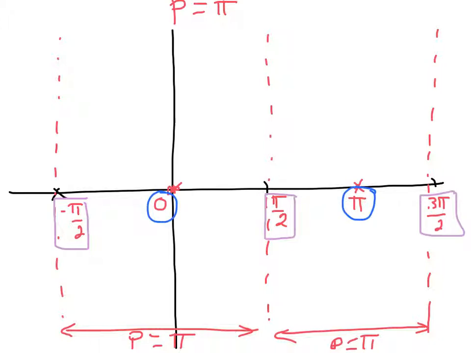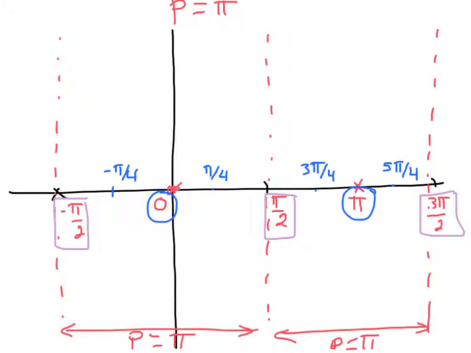Next, I want you to label the midpoints. The midpoint here will be negative pi over 4, here will be pi over 4, over here will be 3 pi over 4, and right here is 5 pi over 4.